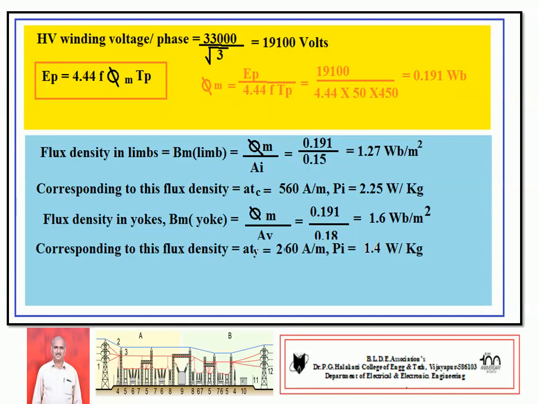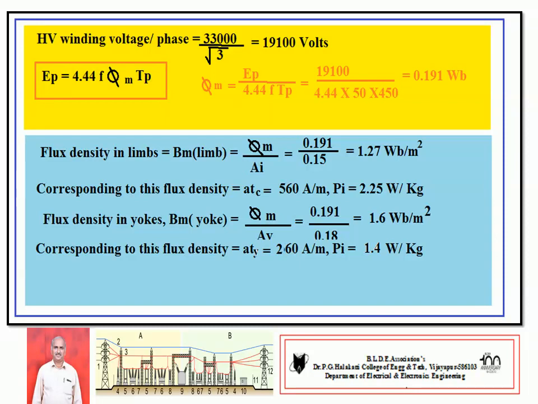For the second graph, again plot flux density on the x-axis and watts per kg on the y-axis. You plot these graphs separately. Then corresponding to the flux density value of 1.27 Wb/m², the mmf per meter of core from the graph is 560 ampere turns per meter. Similarly, the iron loss is 2.25 watts per kg. You write down these data.